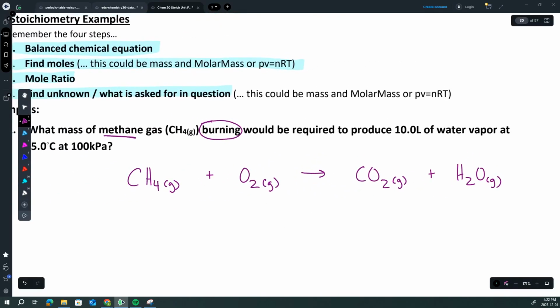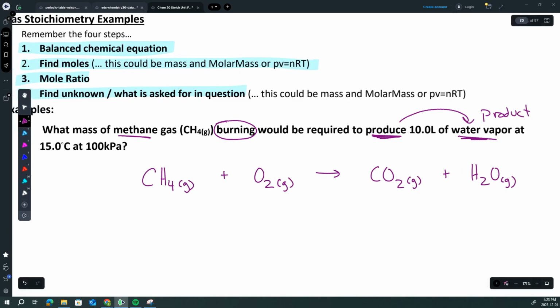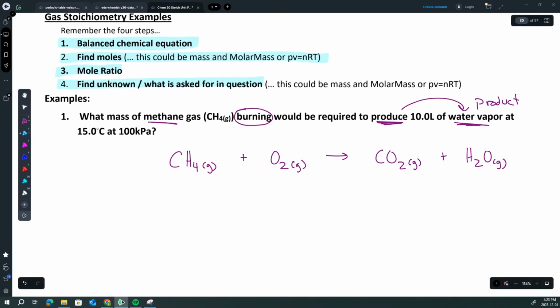Our question already tells us that water vapor is one of our products because it says that it will produce 10 liters of water vapor. So that tells me that this is a product. All right, now let's balance this out.